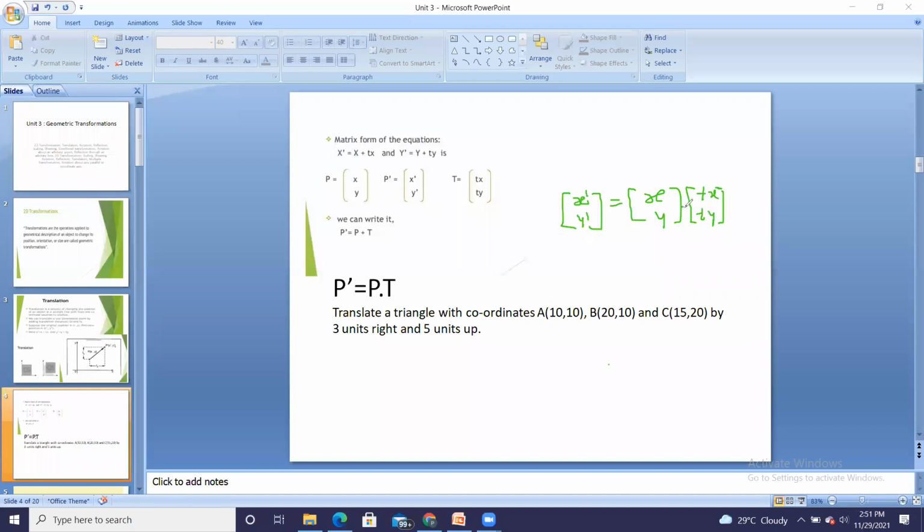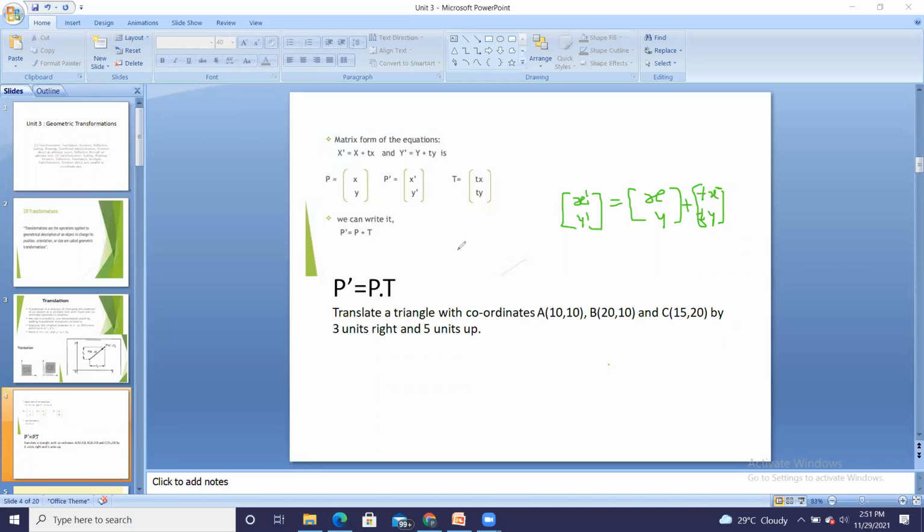We have to perform the addition of these two. So whenever I perform the addition, I get x plus tx and y plus ty. That will give me my resultant object P dash.